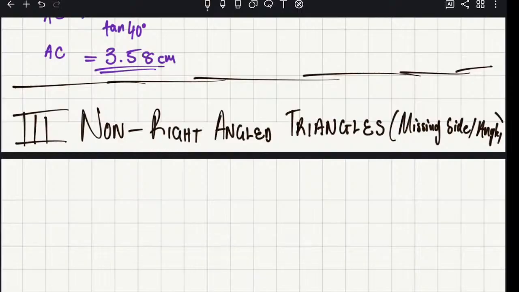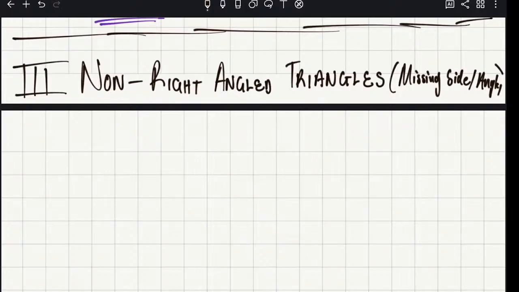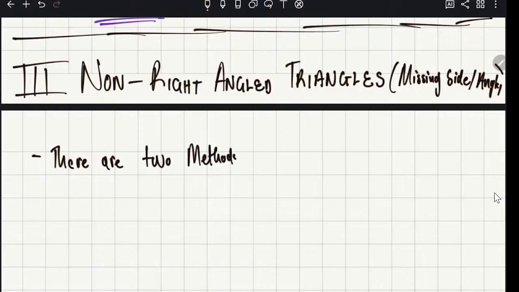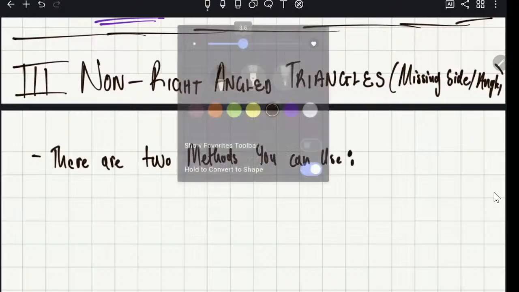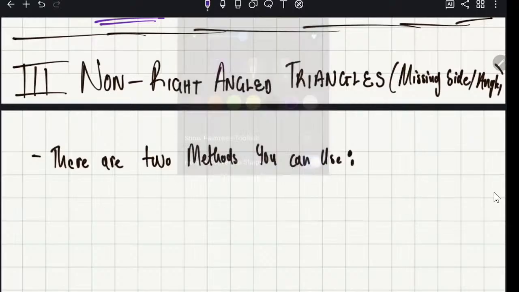Remember for this one, if you don't see a right angle, you change your thinking and you should write that there are two methods you can use. Everybody, keep paying attention. There are two methods you can use.